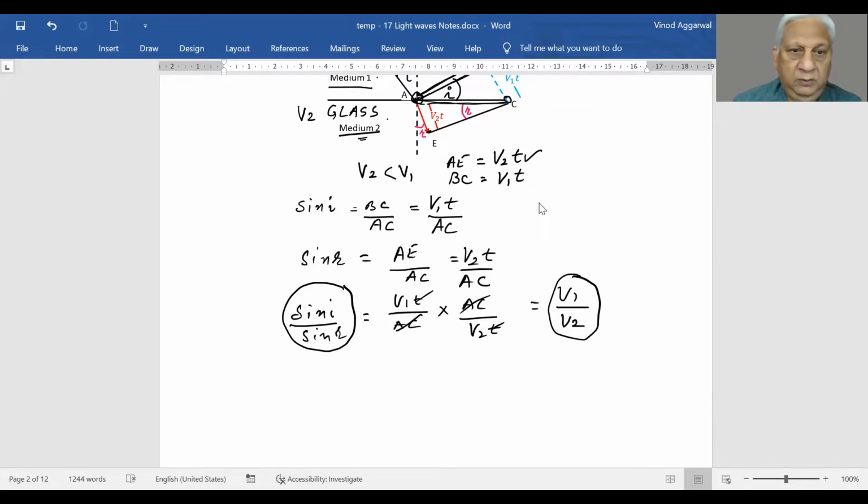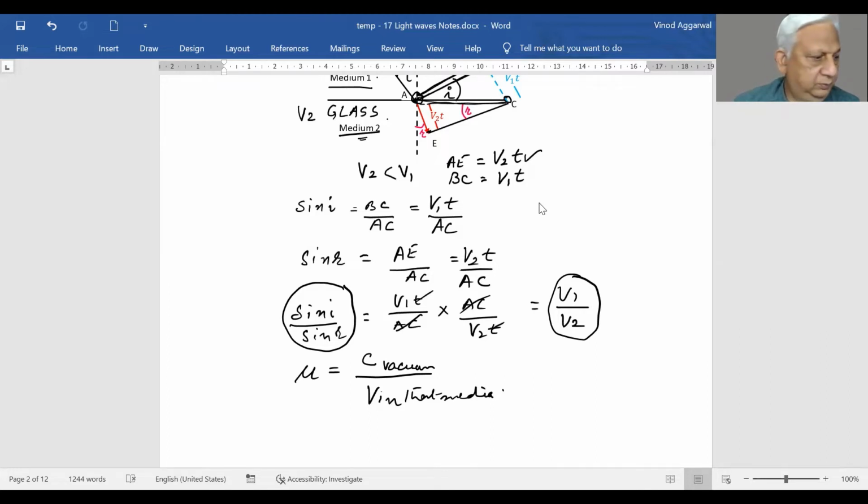Now we also know refractive index is given as velocity of light c in vacuum divided by velocity in that media. Right?